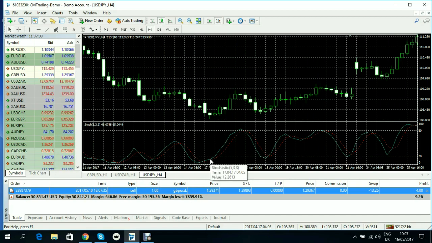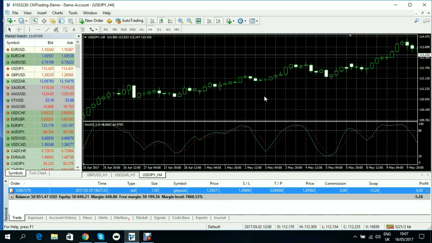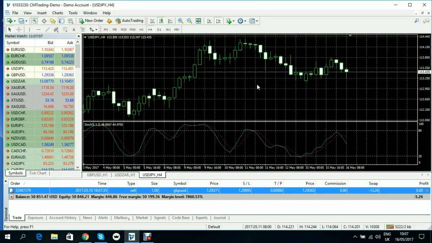So basically, this is all about stochastic, but the primary function of stochastic is to tell us traders whether the market is overbought or oversold. It is not that effective for entry and exiting of trades.